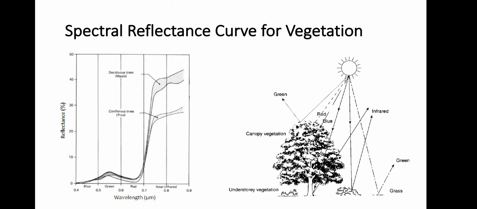For example, the spectral reflectance of deciduous and coniferous trees may be similar in the green band, as you are seeing in the image of the graph. However, the coniferous tree shows higher reflection in the near infrared region, which is clearly seen and can be easily differentiated.